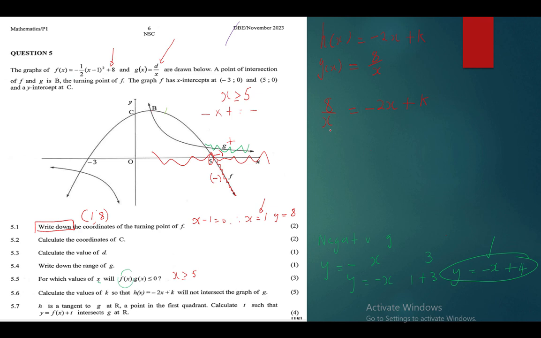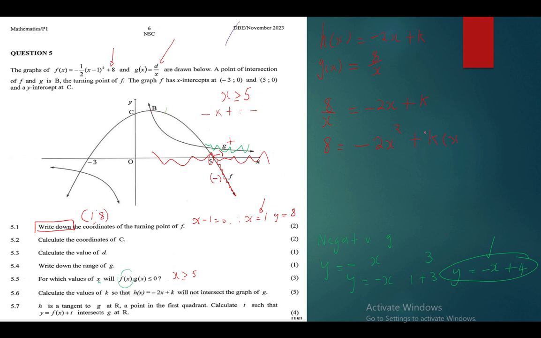Let me multiply throughout by x. 8 over x times x is going to be 8. I want to remove the denominator. So 8 equals minus 2x squared plus kx. I multiplied every term with x.